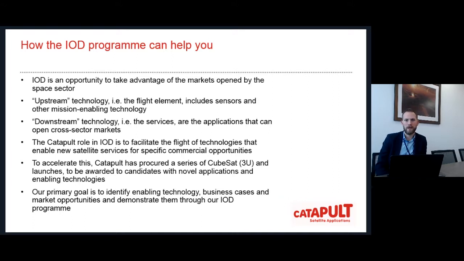So that's the key objective here: to have a true-to-life proof of concept service enabled by the in-orbit demonstration program. A good example of this would be something like AIS, the automated identification of shipping service. This was a VHF-based system originally developed for ships to identify themselves when coming into port.